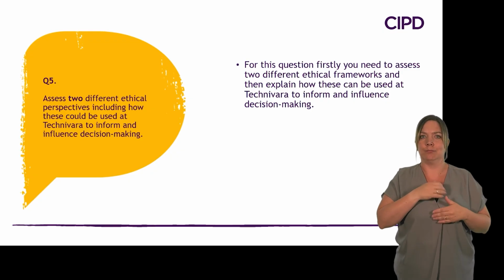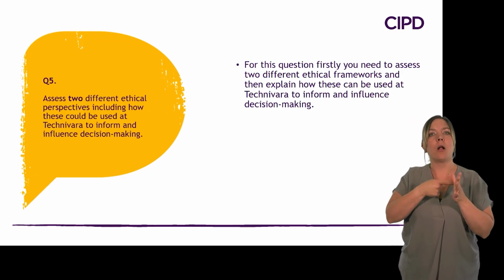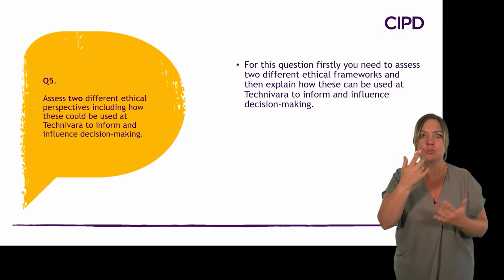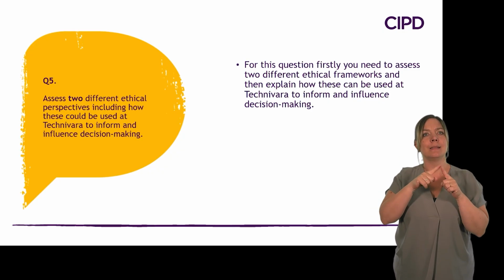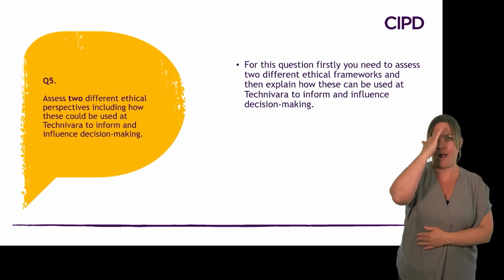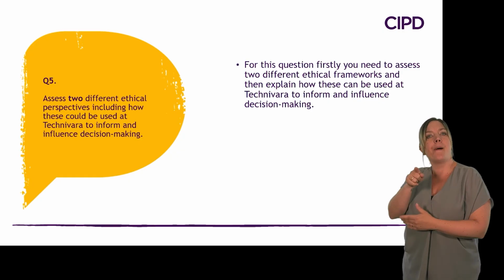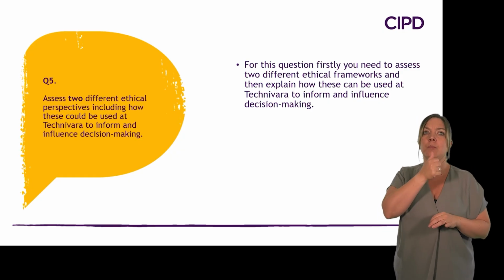You could draw on teleological ethics and utilitarianism, or Kantian rights-based deontological ethics. The second part of this question requires you to explain how your choices can be used in Technovara to inform and influence decision making.